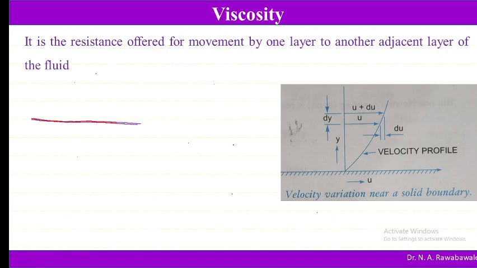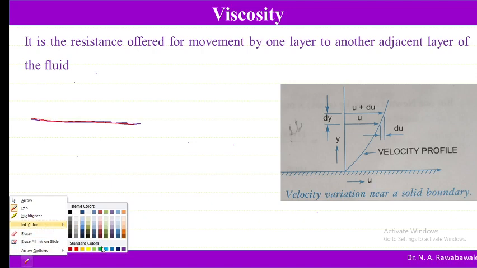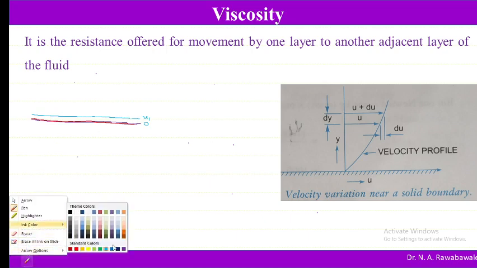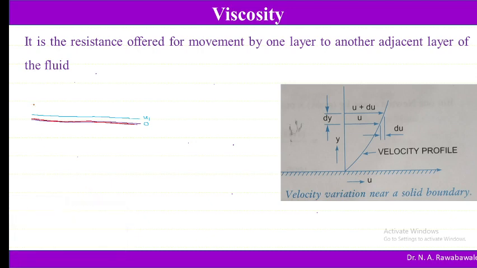Then if we move to the second layer, it is at some distance, so this is having certain velocity. First layer was having 0 velocity, so this layer is having velocity u1. Again the third layer, which is somewhat further away, will have some higher velocity, we say u2.